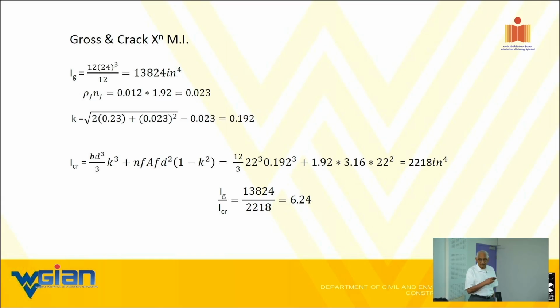K is the factor that defines the solid portion of the section, and that's where you get the neutral axis. Then you have added on the AD square effect, of FRP. You see how they compute the number? That turns out to be 2,200 compared to the gross value. That's about 6 to 7 times, given right there, 6.24.